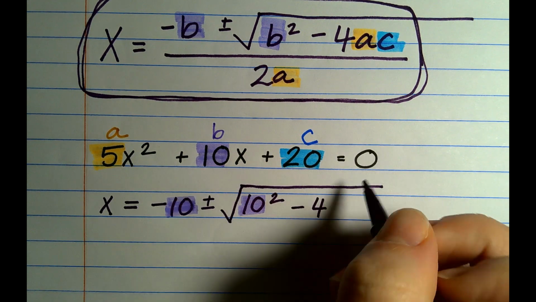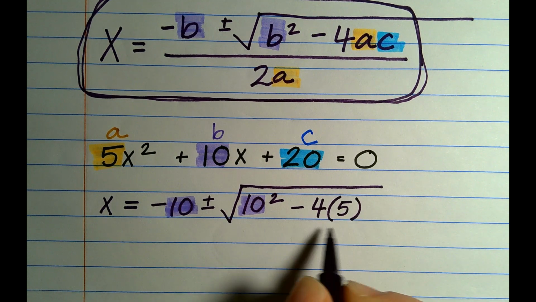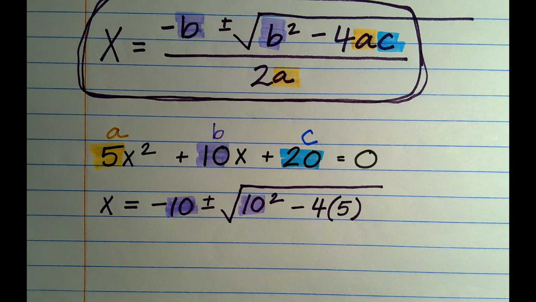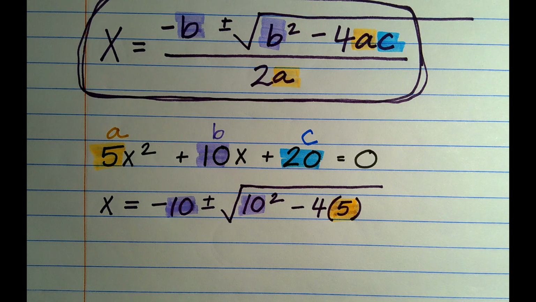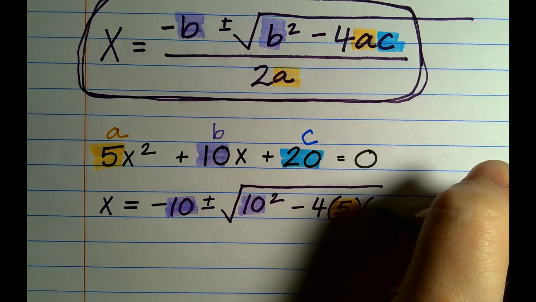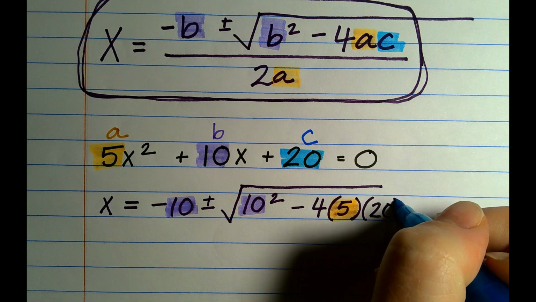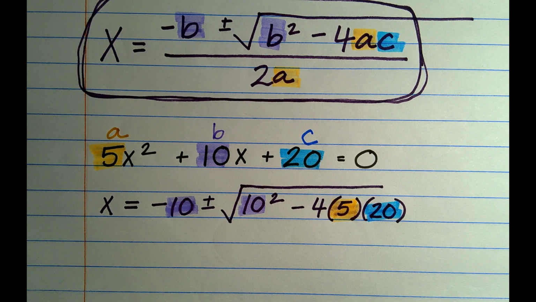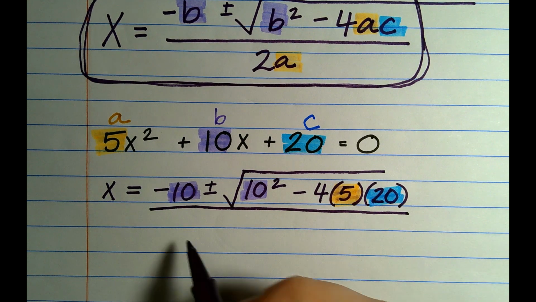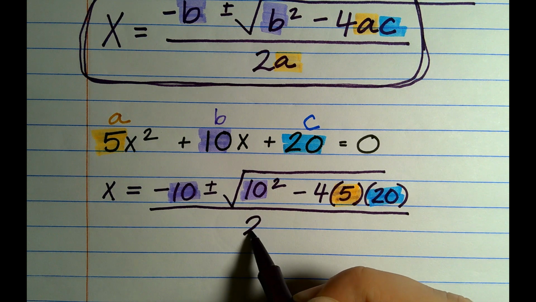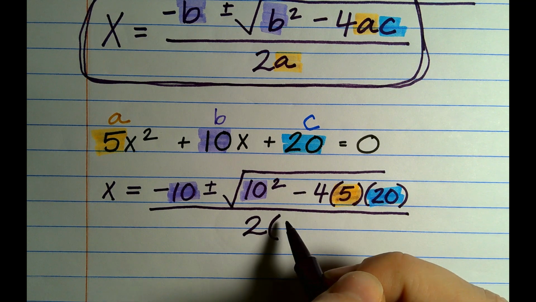So what I do here is I am going to write 5 in parentheses for A to show that we're multiplying. Yes, times 20. So I'll write it in parentheses again. 20 for C. And all of that, the whole thing, divided by 2 times what? 5.